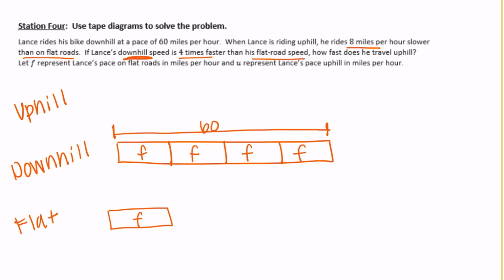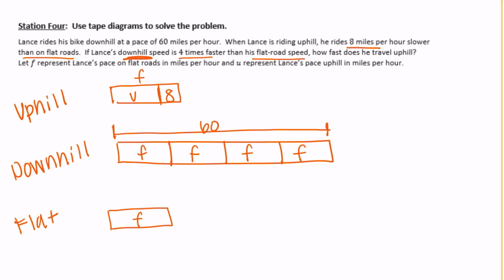And then we know that uphill, he rides 8 miles per hour slower than on flat roads. So if we had something that was equal to F, it's 8 miles per hour slower. So uphill plus 8 miles per hour would get us the flat road.